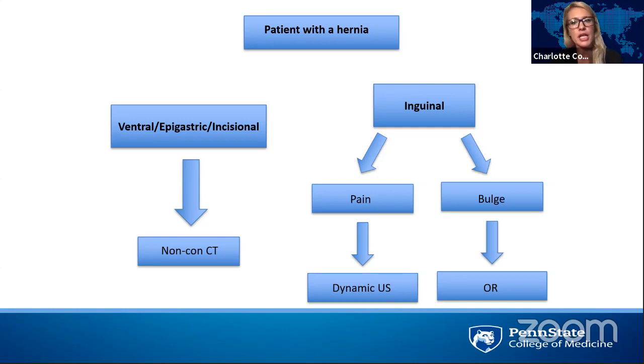Whereas if a patient has an inguinal hernia, if their chief complaint is a bulge, then it's reasonable to proceed to the OR without any imaging, except if they have a massive bulge and a potential loss of domain situation. But if they're presenting with pain, imaging is probably warranted, and you should, if you can, get a dynamic ultrasound. If not, a pelvic MRI might be helpful to really ascertain what is actually causing their pain.